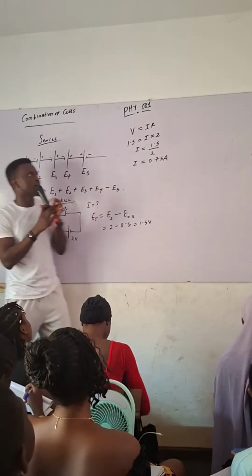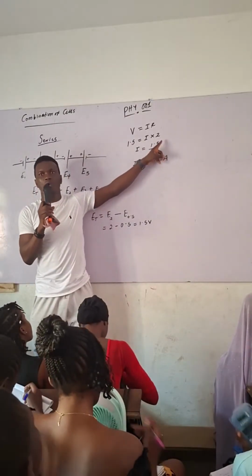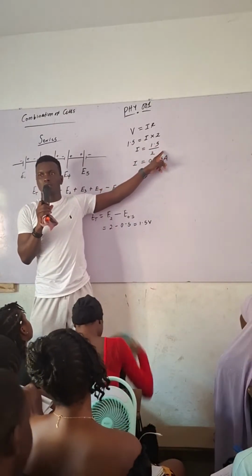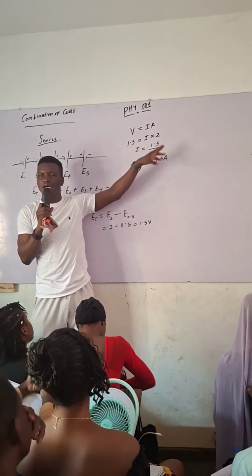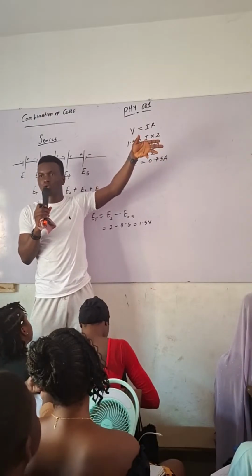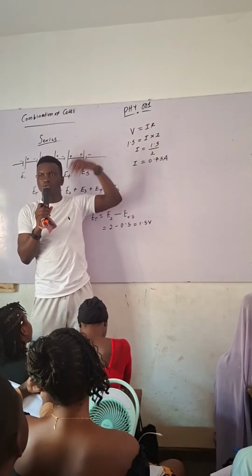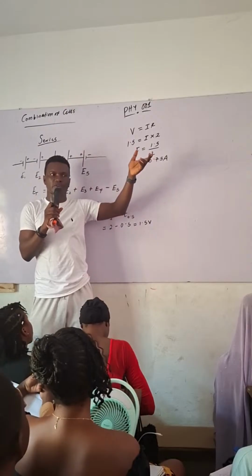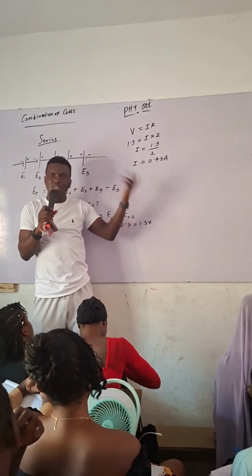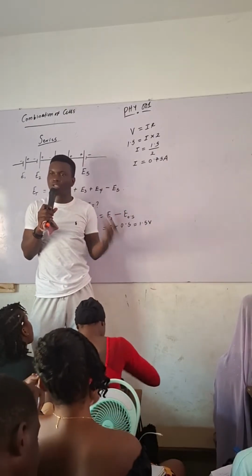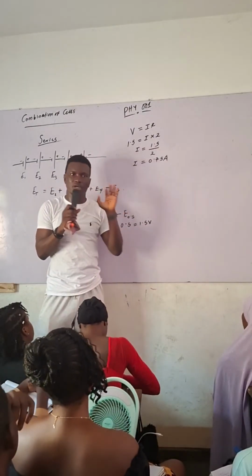It might not be easy for you to divide 1.5 over 2, but your brain would have quickly seen 15 over 2, and you already know that's 7.5, times 10 raised to power minus 1, that's 0.75. You don't need to start punching calculators. Immediately you look at it, you already know your answer.